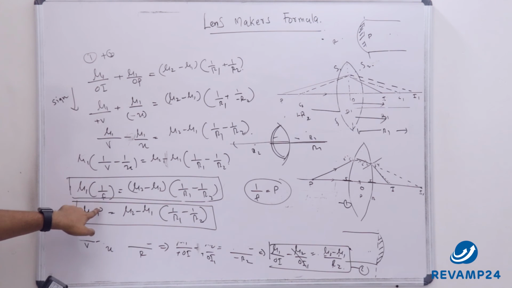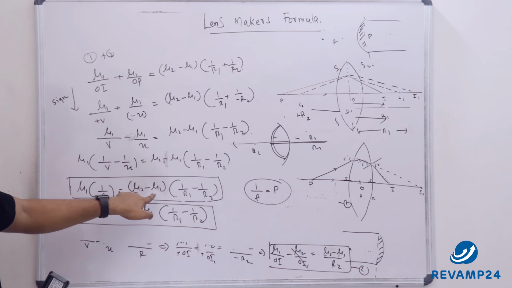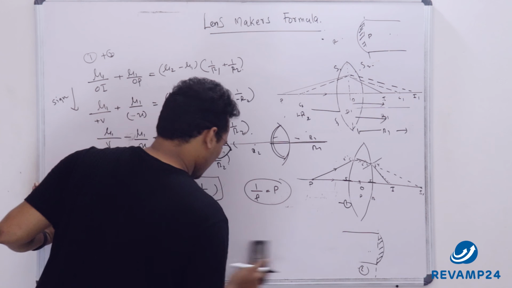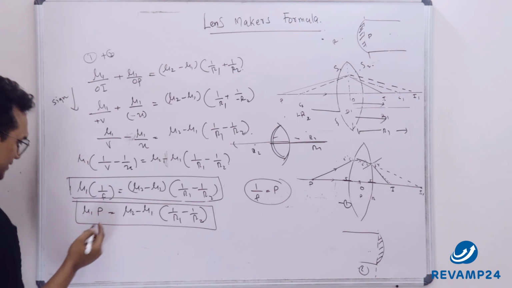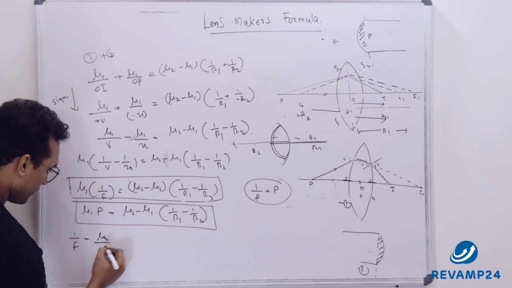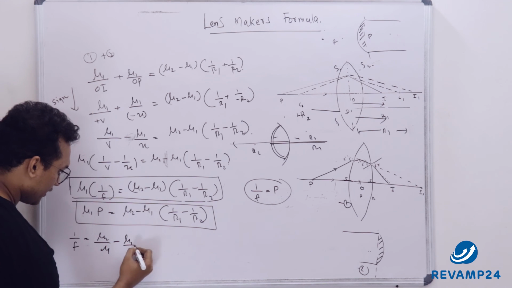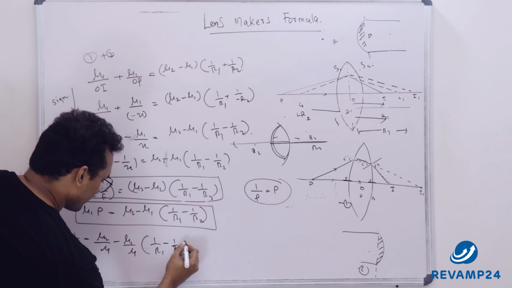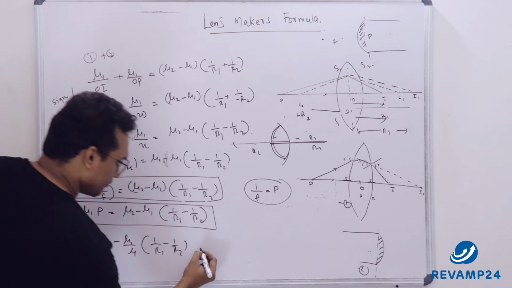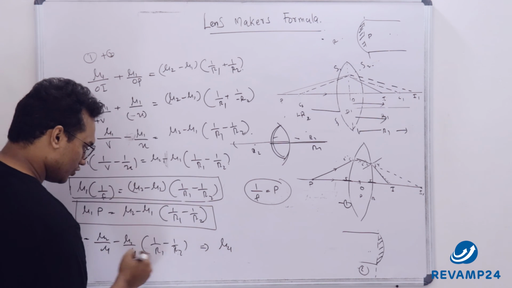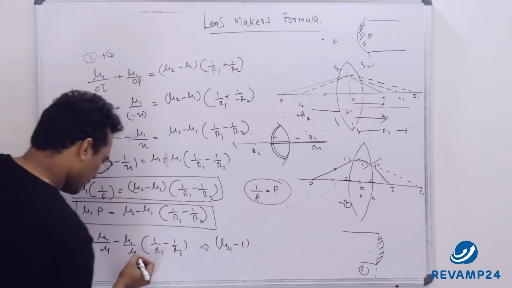So mu1 into 1 by f is equal to mu2 minus mu1 into 1 by R1 minus 1 by R2. Just take mu1 to that side, so 1 by f is equal to mu2 divided by mu1 minus mu1 divided by mu1, into 1 by R1 minus 1 by R2. Mu2 divided by mu1 is nothing but mu21, and mu1 by mu1 would be 1 itself.